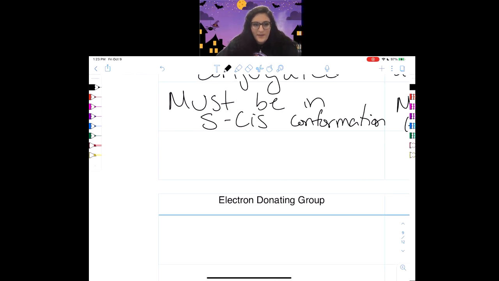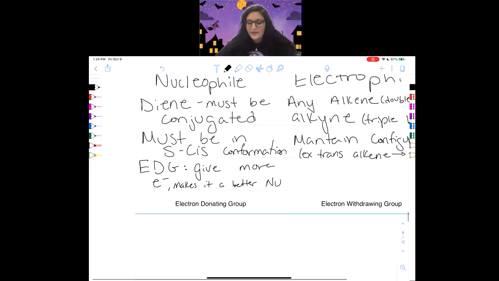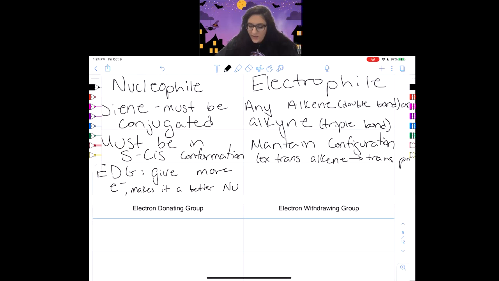So as I mentioned, we want electron donating groups, and I'm going to call that EDG. The reason for this is because they give more electrons, and that makes it a better nucleophile. And for the electrophile, we have the exact opposite. So we want electron withdrawing groups.